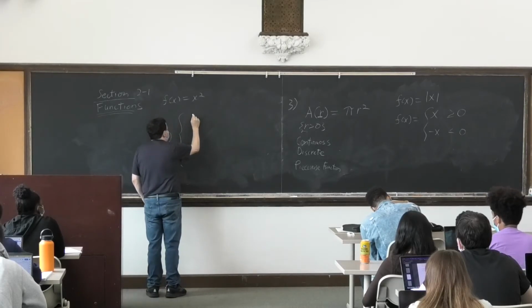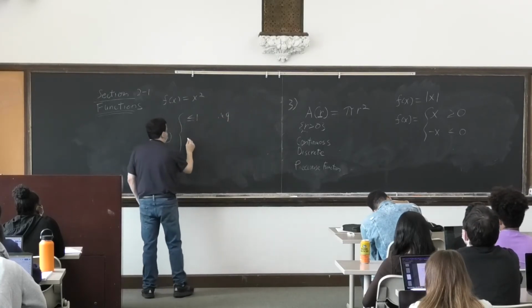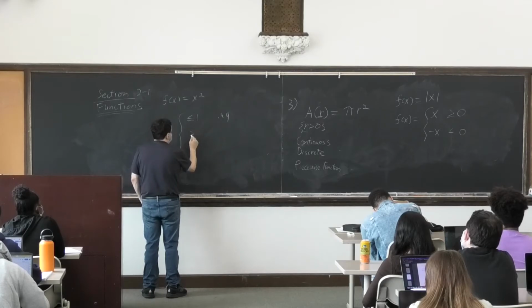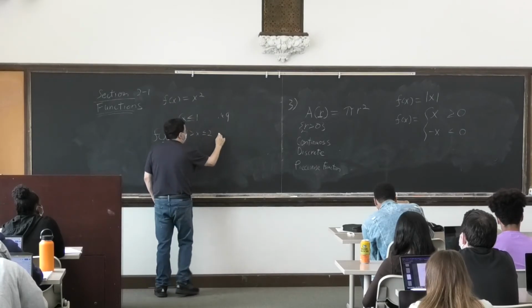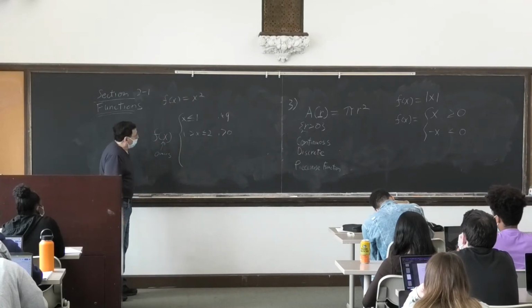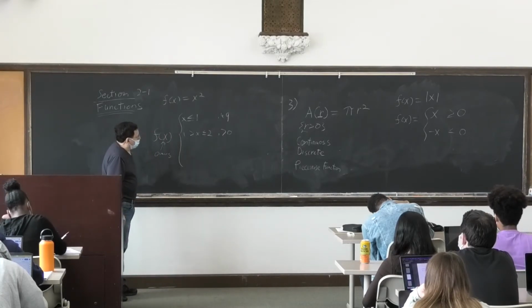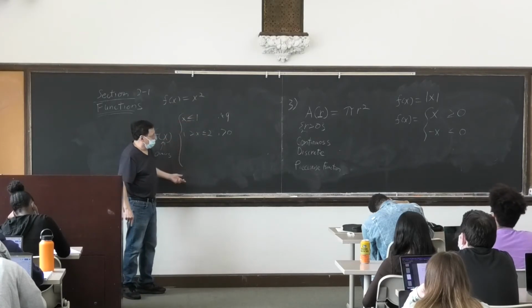Less than or equal to 1, I guess we said was 49 cents. Greater than 1 and less than or equal to 2 is 70 cents, and so forth. So it's just a way to describe a function.